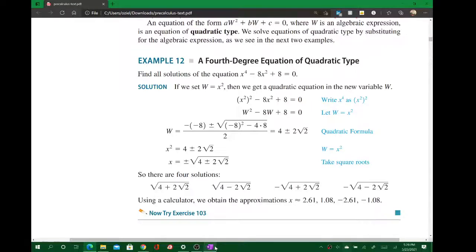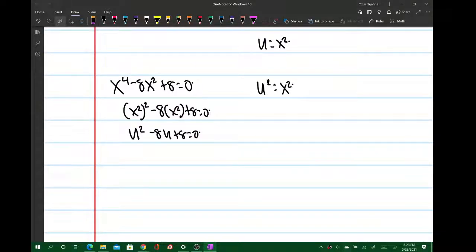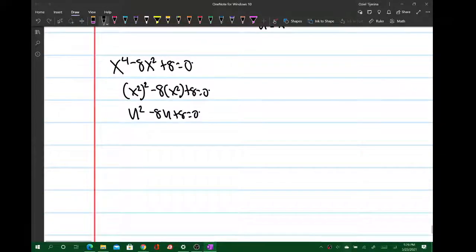Basically, they set u equal to x squared, so we can rewrite it this way: u squared, and then minus 8 times x squared, which is 8u, plus 8 equals 0. That way we can solve it using the quadratic formula.